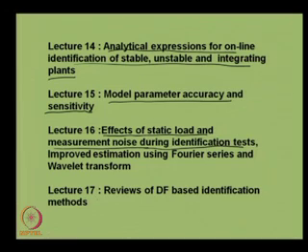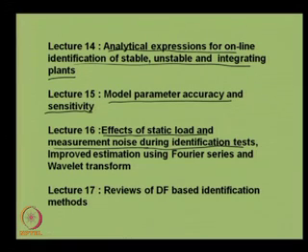We shall make use of some simulation studies to see how our identification schemes are giving us results in the face of static load disturbances or low frequency noise disturbances and measurement noise disturbances known as high frequency disturbances.